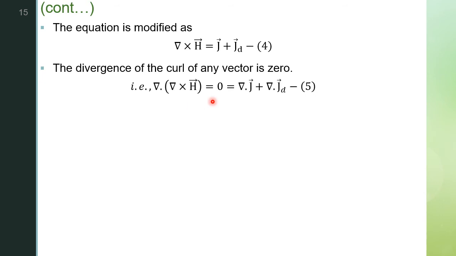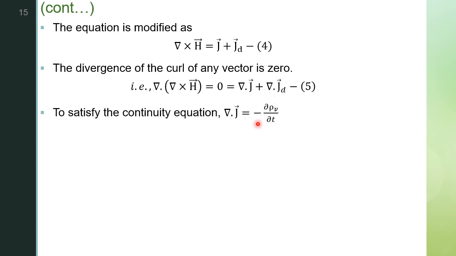So this is equal to 0, which is equal to del dot J plus del dot JD. Now, according to the continuity equation, del dot J is equal to minus dou rho v by dou t. Substituting this into the expression, we will get del dot JD is equal to dou rho v by dou t. So JD is the new term which we introduced into the expression.